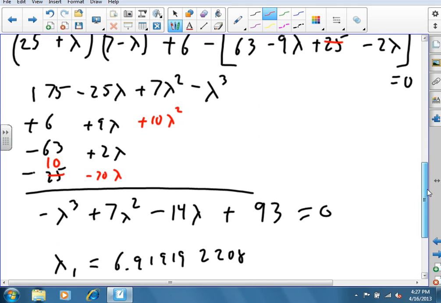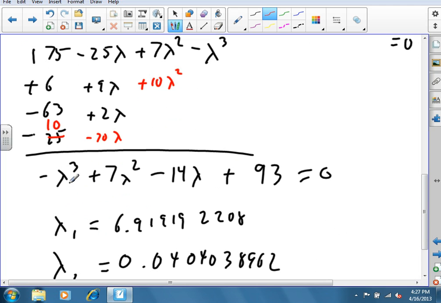Okay. So that's right. This is now 17 lambda squared. Okay. Minus 25 plus 11 minus 70.